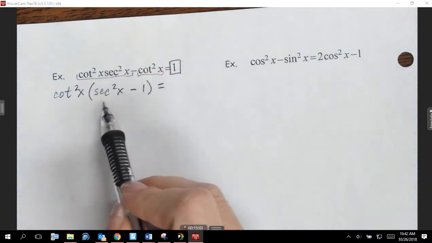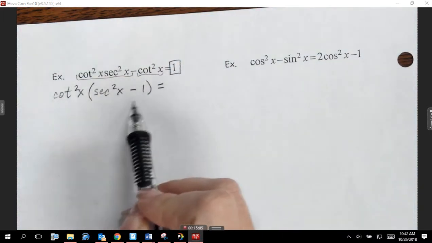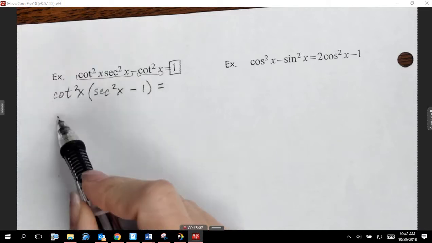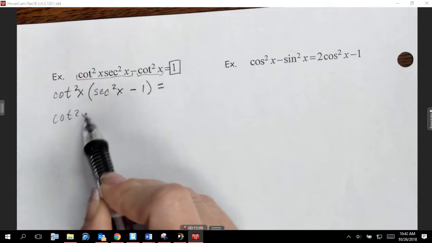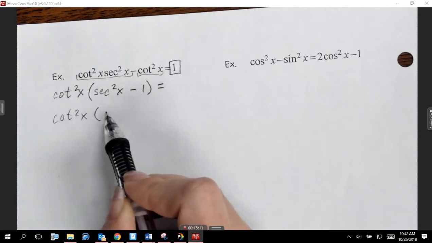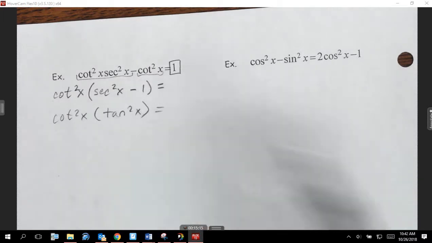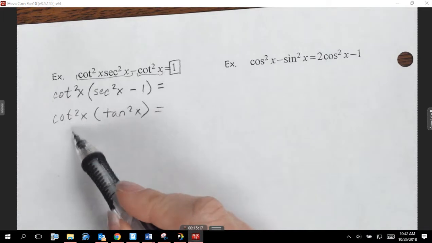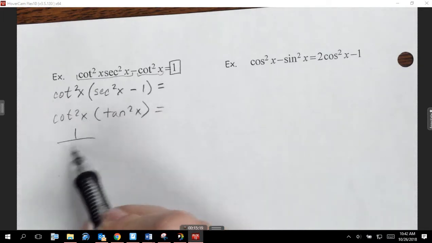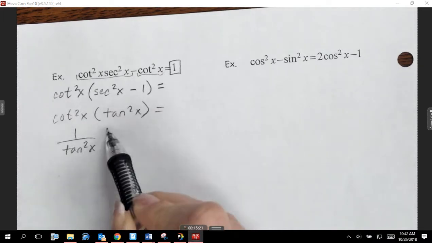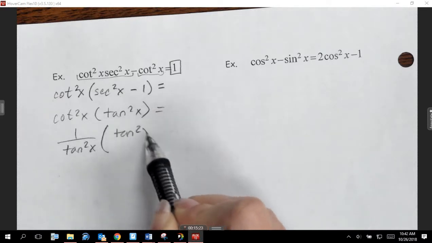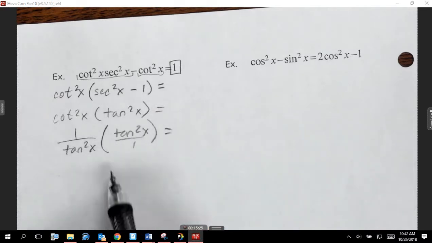And then secant squared x minus 1 is a Pythagorean identity, which is tangent squared. And then cotangent squared is 1 over tangent squared. Which is 1.